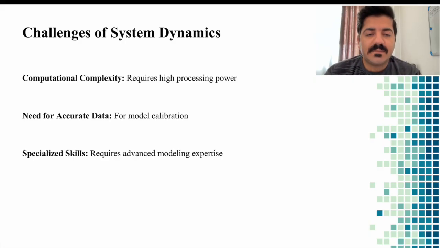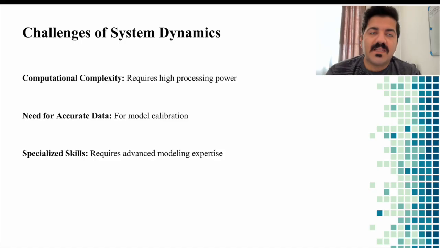And system dynamics requires specialized skills. To me, it's a PhD-level skill. For example, building a stock market model requires advanced training, and sometimes it needs an expert team and teamwork.